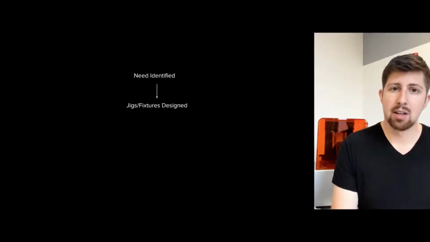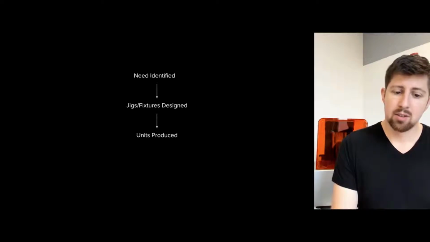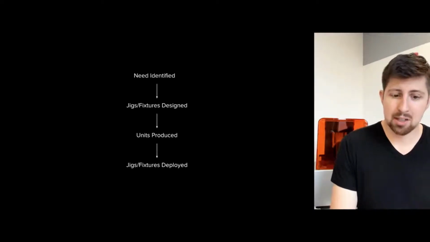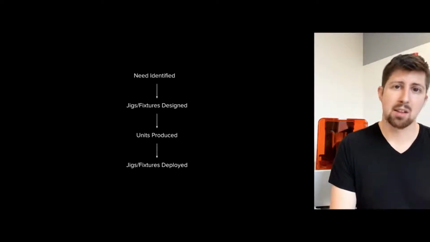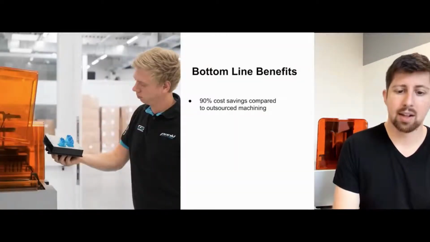So in an additive workflow, you can go from identifying the need to designing the part. Generally, you don't have a DFM process that part needs to go through because 3D printing is really good at handling geometric complexity. You can have pass-throughs, you can have undercuts. Then you produce those units in-house and deploy them. So it's a much shorter process, a much shorter feedback loop. If there are changes that you want to make, they can be implemented the same day or next day.